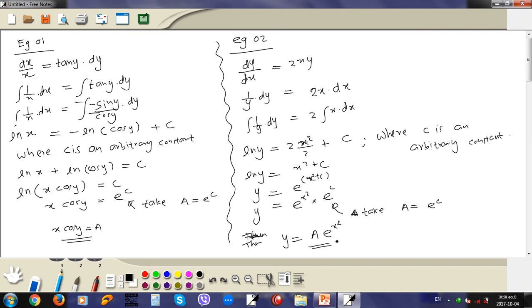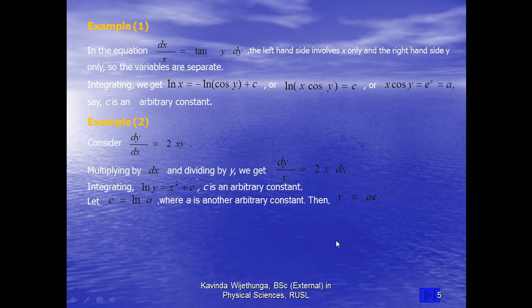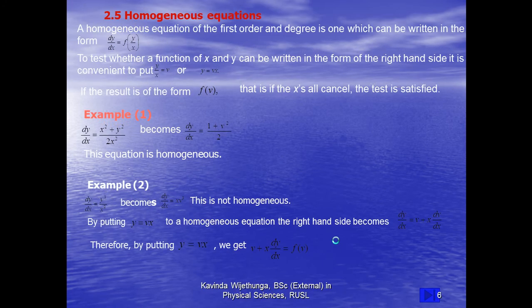Now we consider homogeneous equations. A homogeneous equation of the first order and first degree is one which can be written in the form dy by dx equals f of y over x.